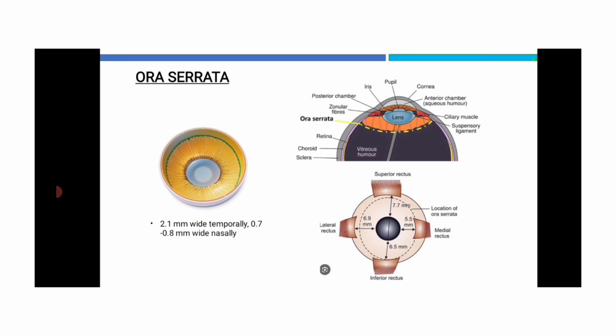Coming to the anteriormost region of the retina, known as the ora serrata. It consists of dentate fringe and it denotes the termination or end of the retinal layer. It is 2.1 mm wide temporally and 0.7 to 0.8 mm wide nasally, and is located 6 mm nasally and 7 mm temporally from the limbus.